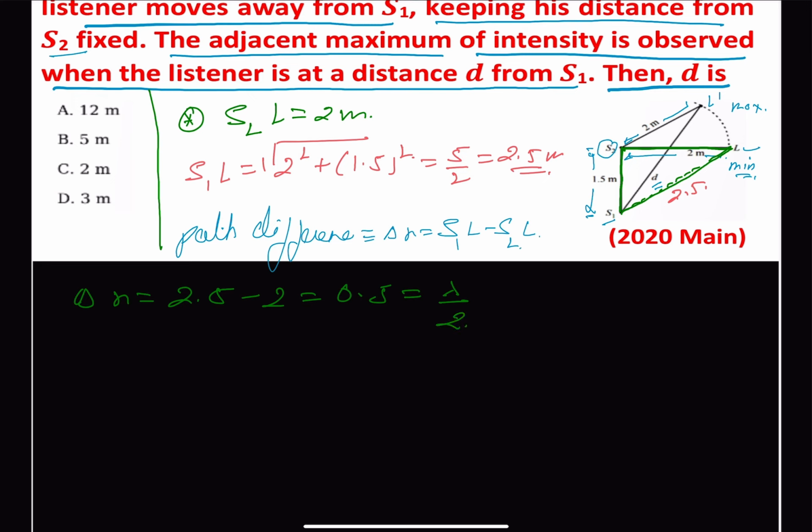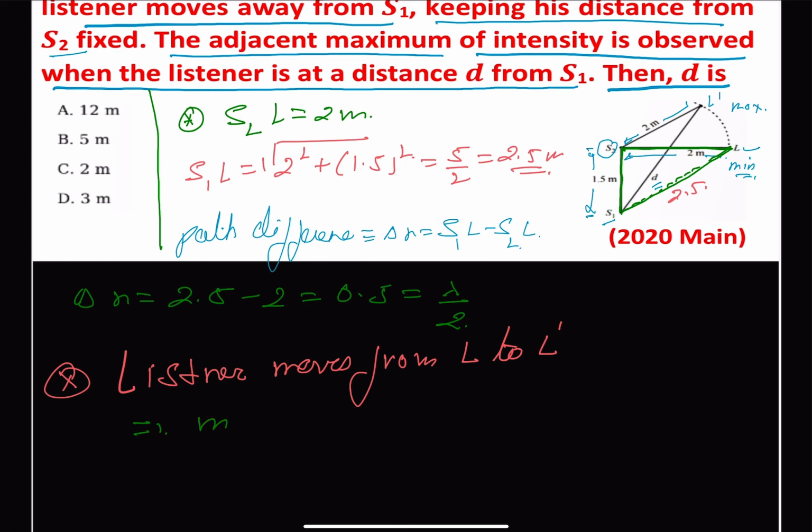And the listener moves from L to L prime, and here it is given that the first maxima appears at L prime.